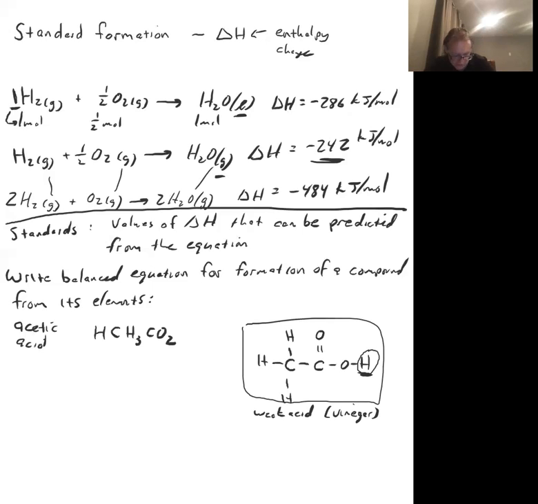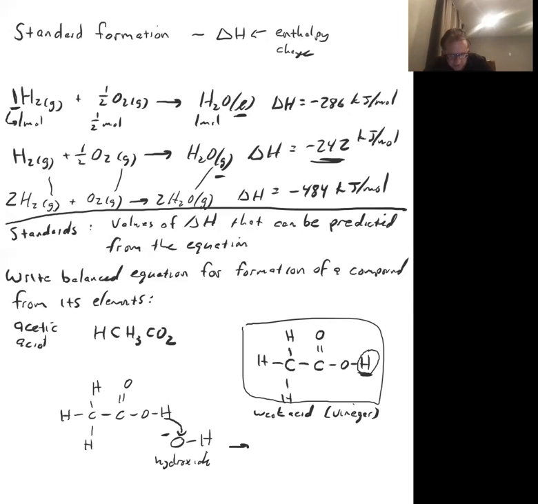So if I took, for example, let me draw it again. If I took a hydroxide ion, so here's hydroxide, what would happen is the acetic acid would transfer the H plus to the hydroxide ion.